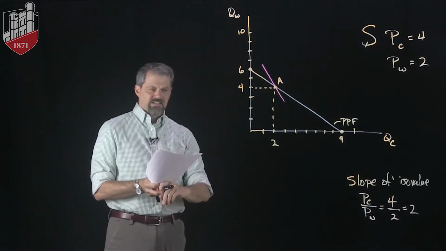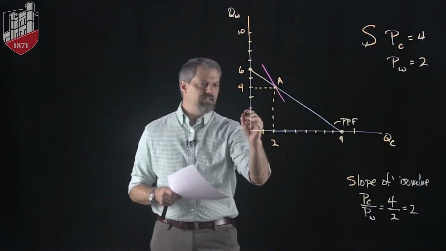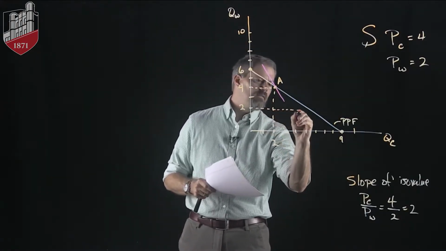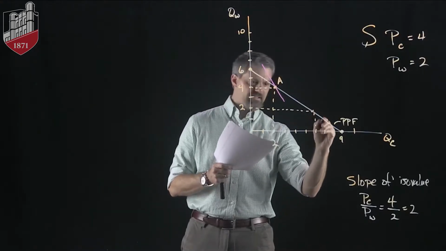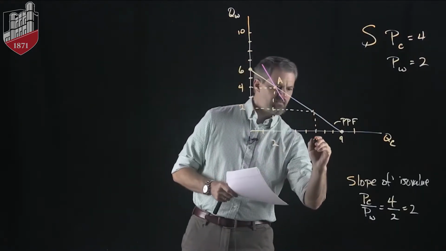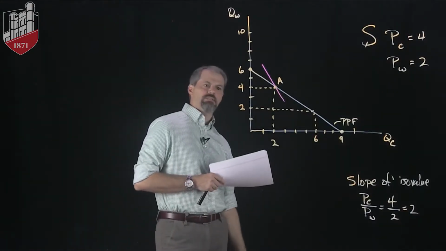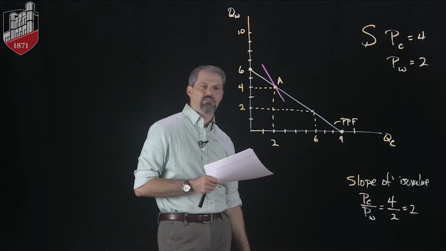Now, let's consider a different point. Let's suppose we think about a point down here where they produce 2 units of wine, and it's going to be, what, 6 units of cheese? That would be another point on that production possibilities frontier.